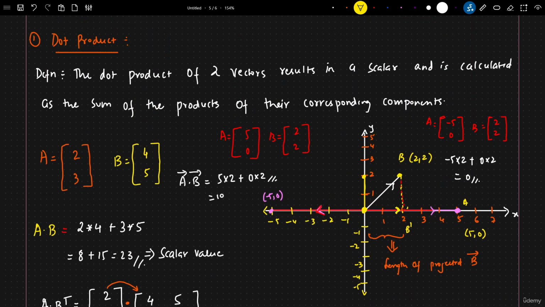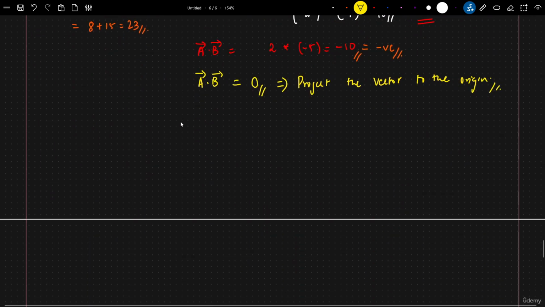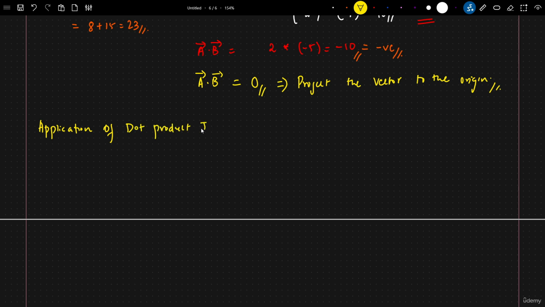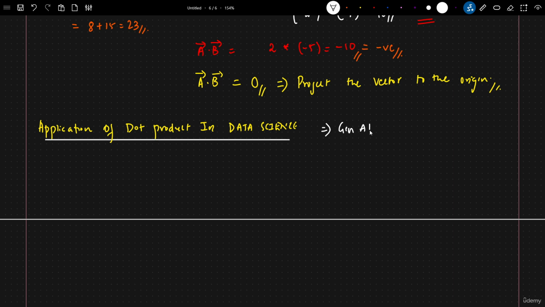Now it's time that we try to understand some important things and applications of the dot product in data science. Let's discuss applications of the dot product in data science. I'll take one beautiful example, and this example is being used right now when we work on recent Gen AI apps.